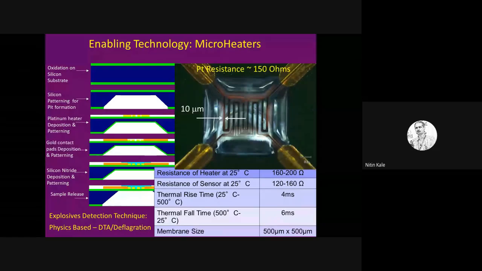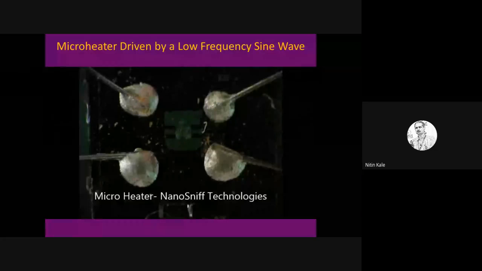And if you are monitoring the resistance, you can measure the temperature. So that is the basic technology. The advantage is that you can go from room temperature to high temperature, about 500 degrees Celsius, very fast, in a few milliseconds. And this is what we exploit in microheaters.